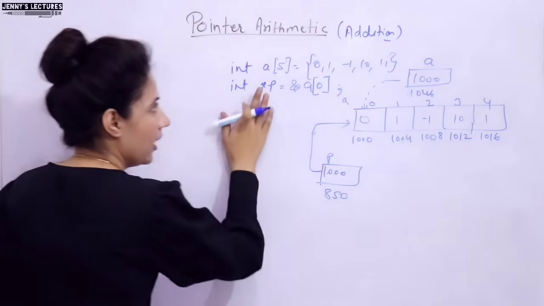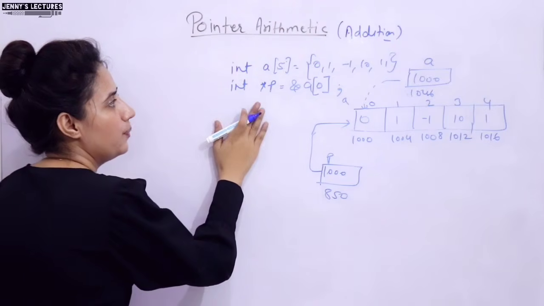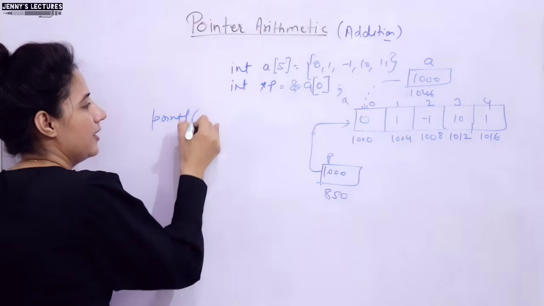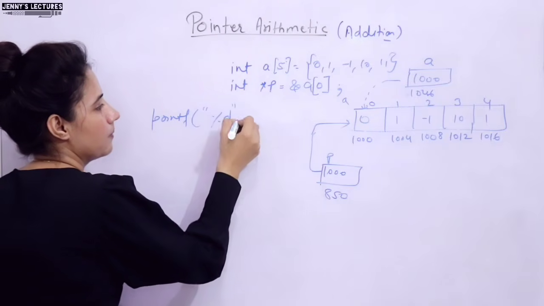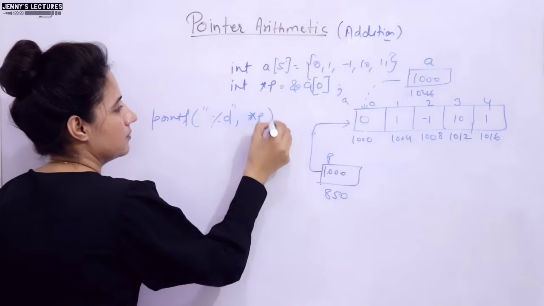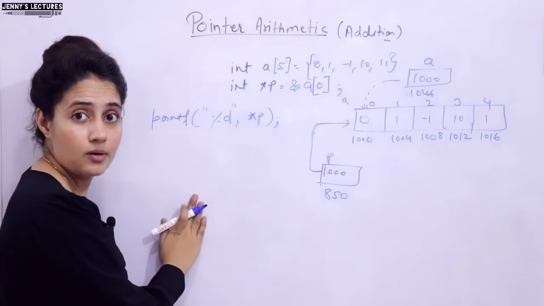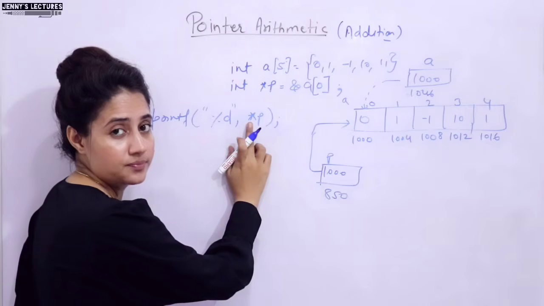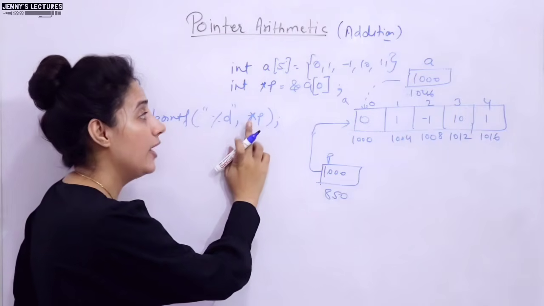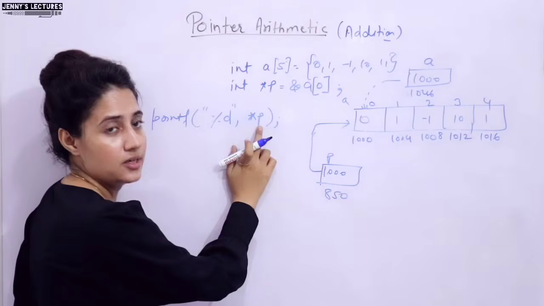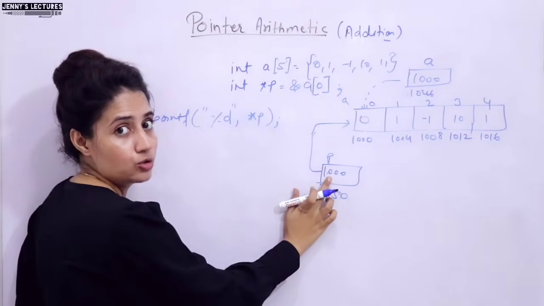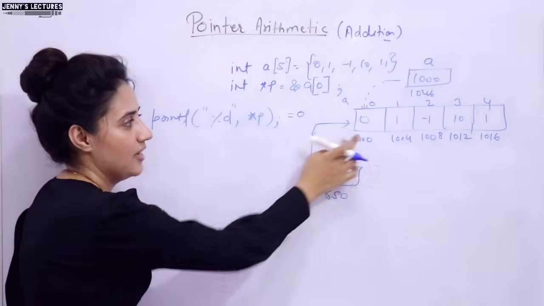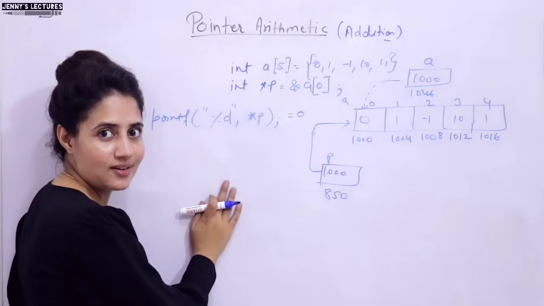Now here, if I am writing printf %d and I am printing asterisk p, what will you get? Indirection operator means we are going to print the value at this address. In p we have address 1000, so the value at 1000 is 0, so it will print 0, the first element, right?